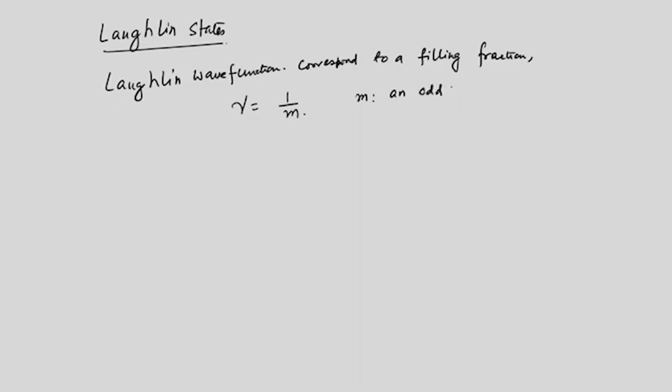And you might wonder, this m has got nothing to do with the mass; m is rather the quantum number corresponding to the z component of the angular momentum, which is what we have seen.